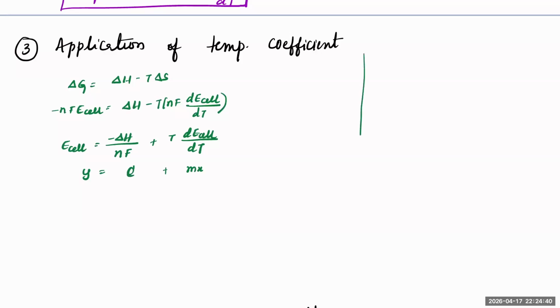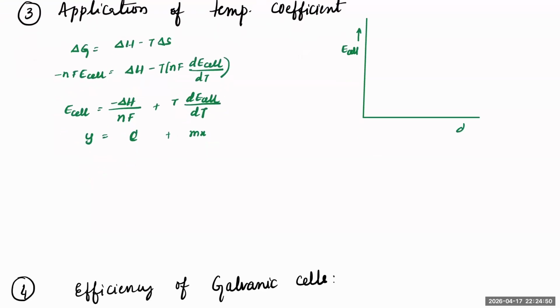If I plot E cell versus the temperature quotient dE cell by dT, this is how it will go if delta H is less than 0, with a positive intercept.